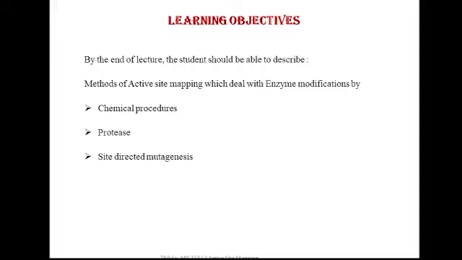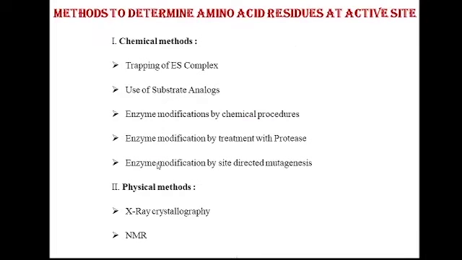The learning objectives of this lecture are that by the end of the lecture, the student should be able to describe the methods of active site mapping which deal with enzyme modifications by chemical procedures, by proteases, and by site-directed mutagenesis.